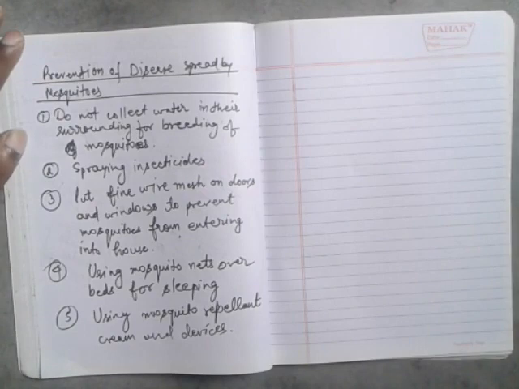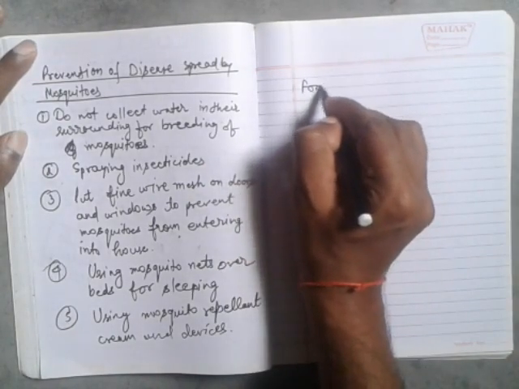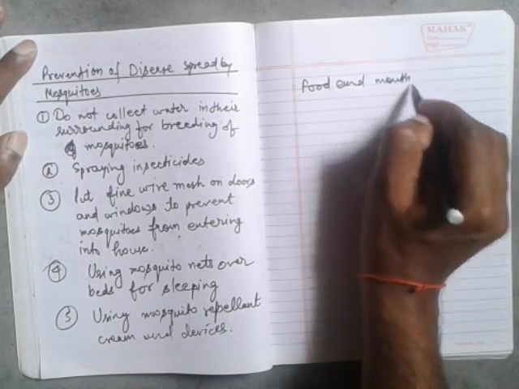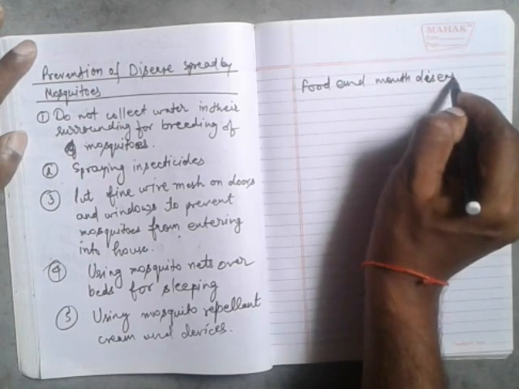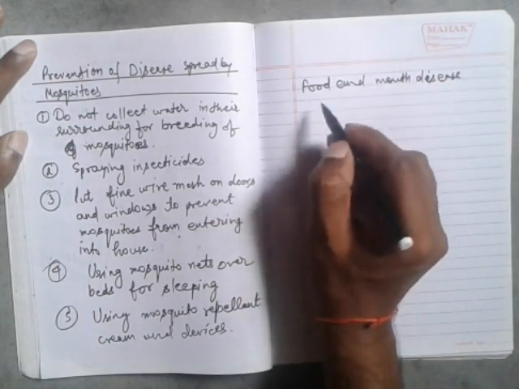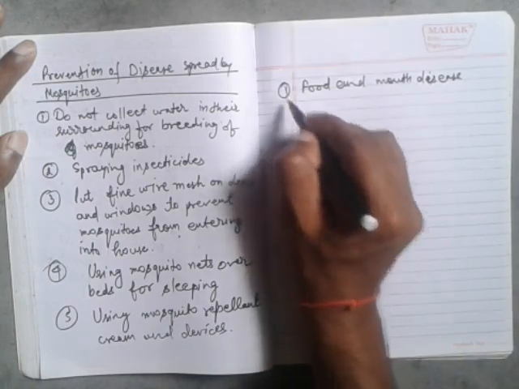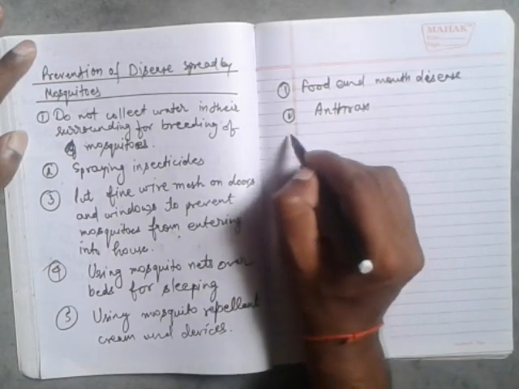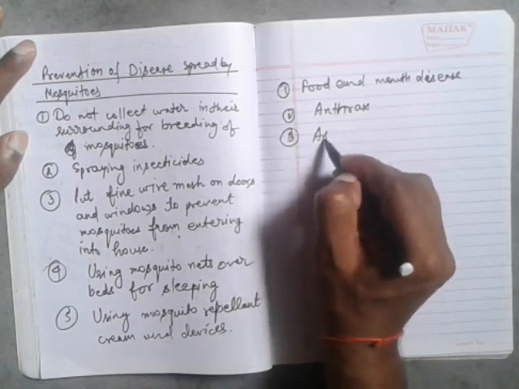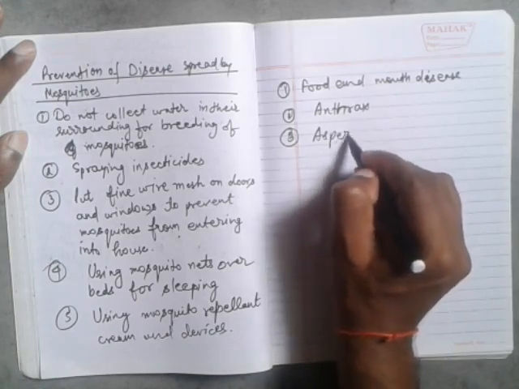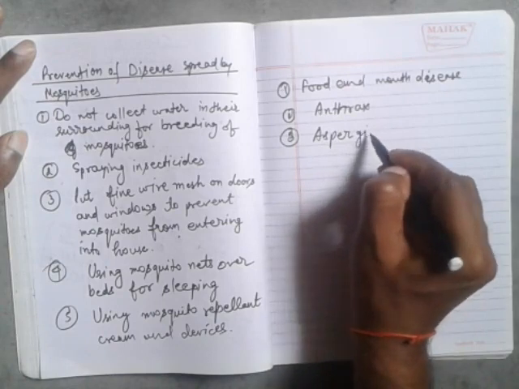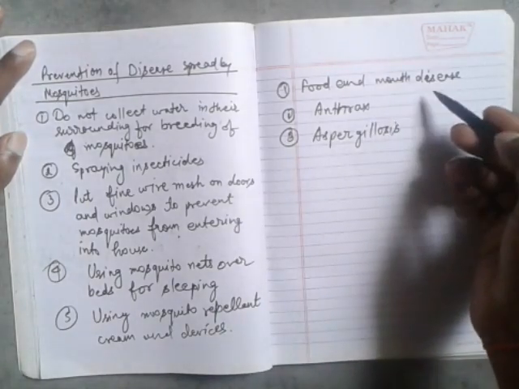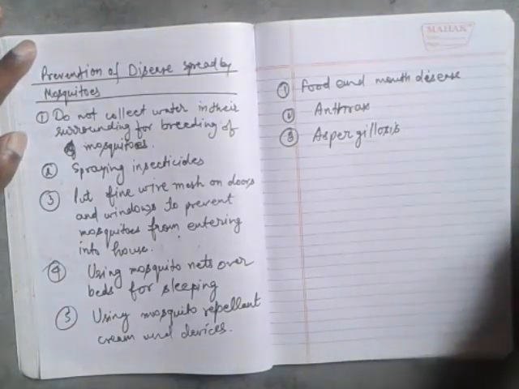Some diseases like foot and mouth disease, anthrax disease, and aspergillosis are common diseases caused in animals.